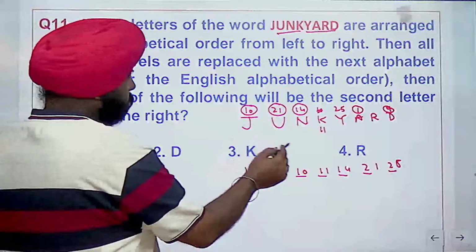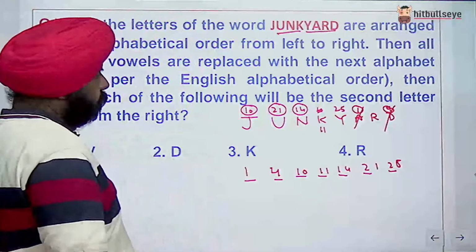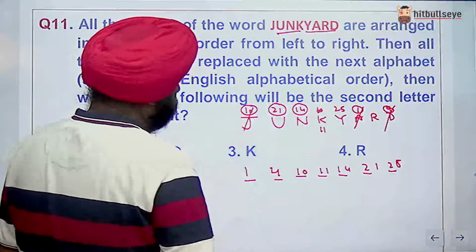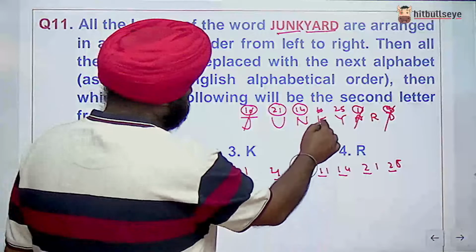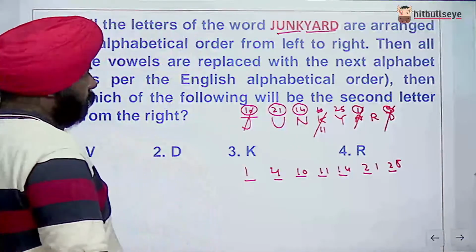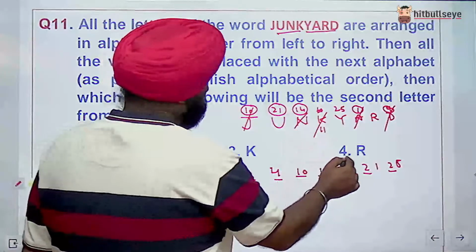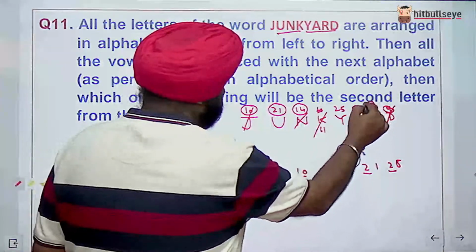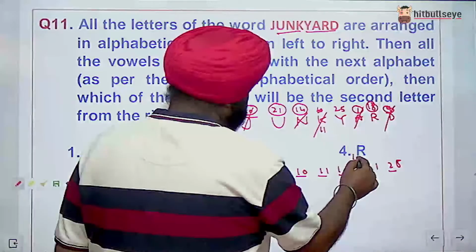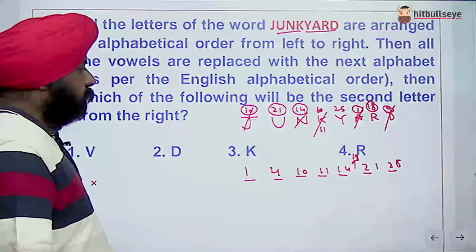After 4 we take 10, after 10 we take 11, after 11 we take 14. And here R is at 18, which we have left out. So after 14 we should have 18, after 18 there should be 21, and after 21 there should be 25.